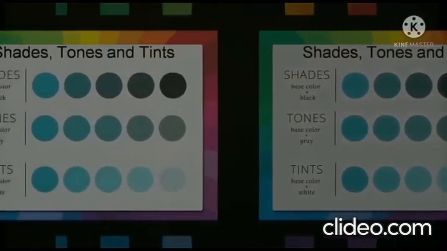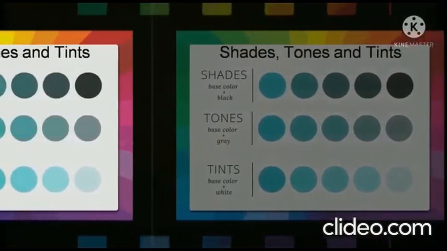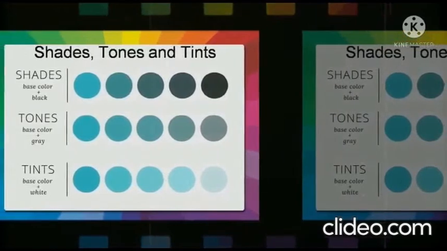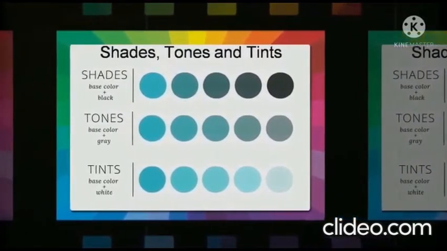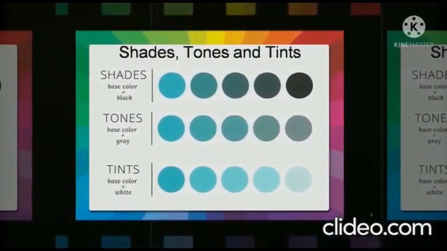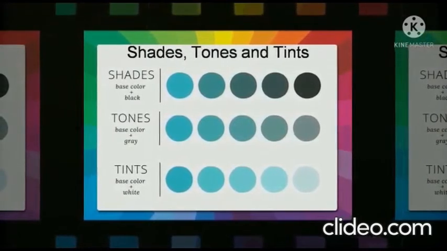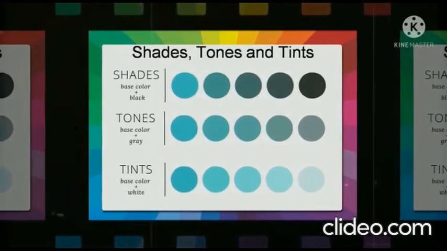Next, shade: a darker value of a color. If we add black to any particular color, it is called shade. Color value will be decreased. Tones: adding gray to the color. This is the monochromatic colors.